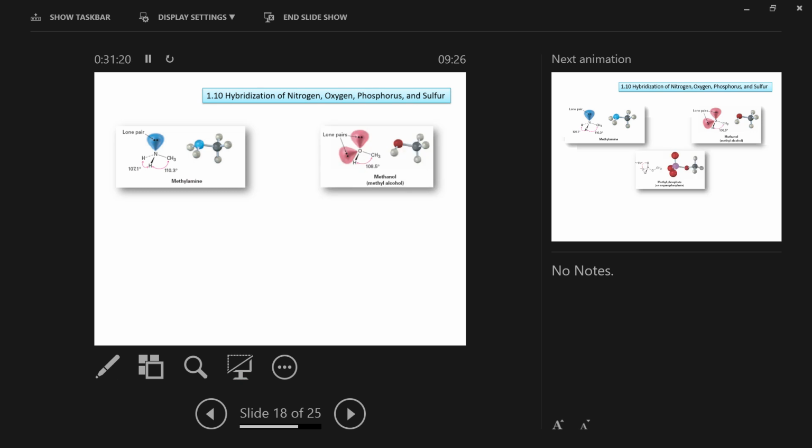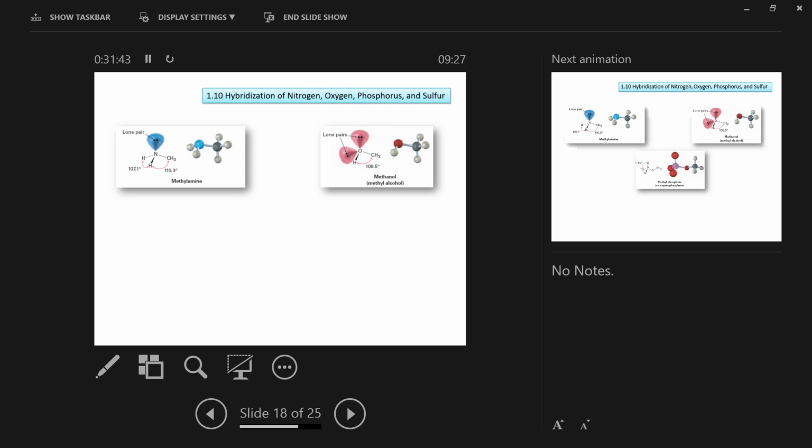Okay, here you have the methylamine. We have the free orbitals that we can hybridize, and we have an sp3 hybridization where a lone pair is occupying one sp3 orbital.